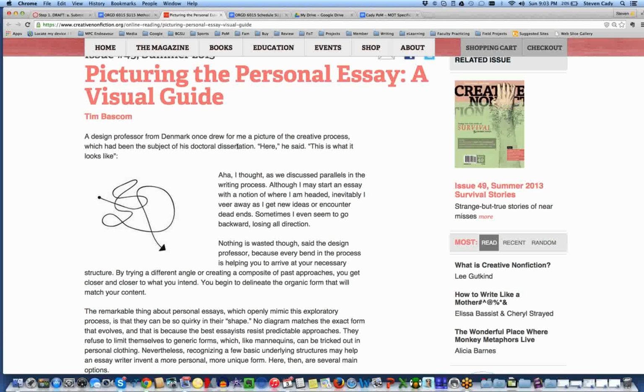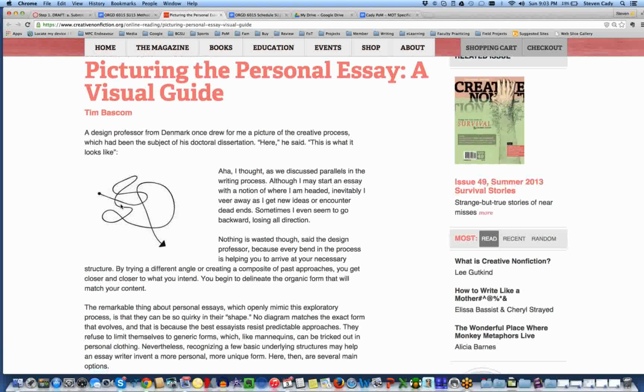And he writes, a design professor from Denmark once drew me a picture of the creative process, which you all are going through, which had been the subject of his doctoral dissertation. Here, he said, this is what it looks like. I thought, as we discussed parallels in the writing process, although I may start an essay with the notion of where I am headed, inevitably I veer away as I get new ideas or encounter dead ends.